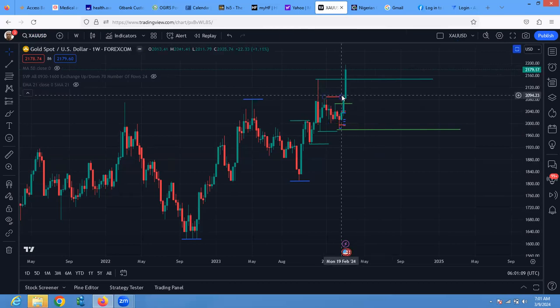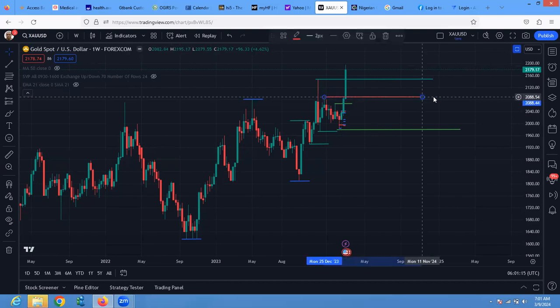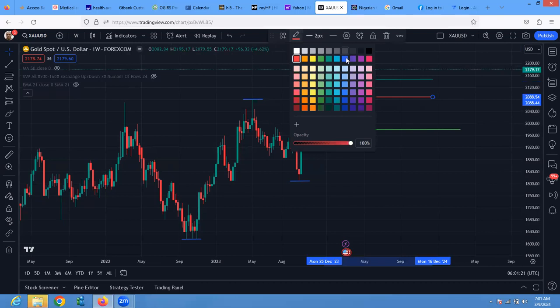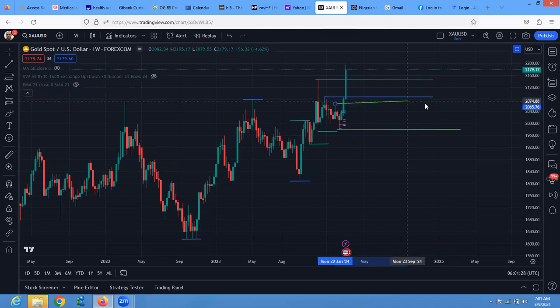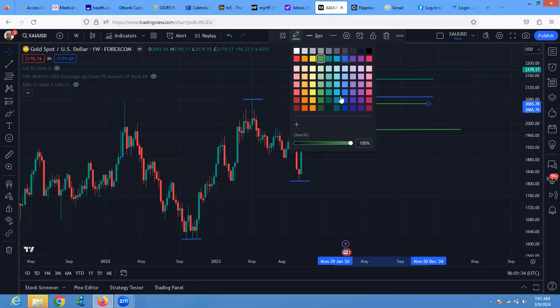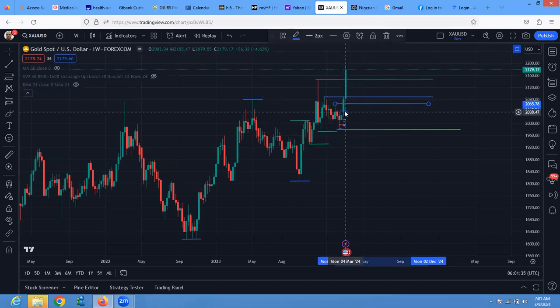So this may be a potential place that this may eventually correct. I will use blue. This might be the area we might expect the correction to reach. I'm not saying we still don't need to see the format of the correction.